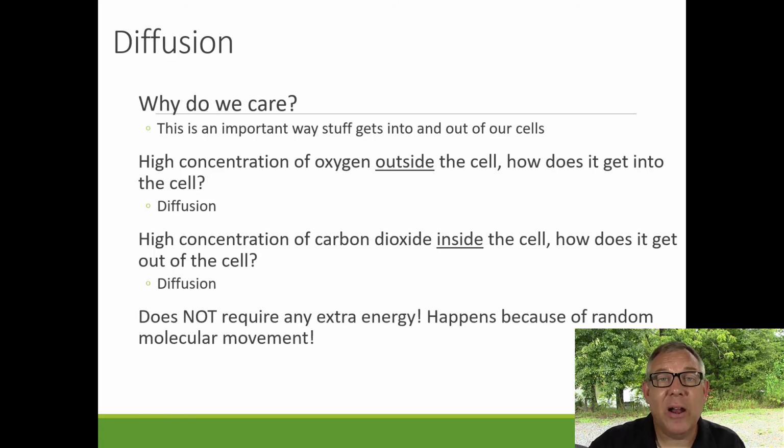Again, this doesn't require any extra energy. It happens because of that random molecular movement. But it always happens from high to low concentration. And so things will always spread out from the high concentration and diffuse to the low concentration.